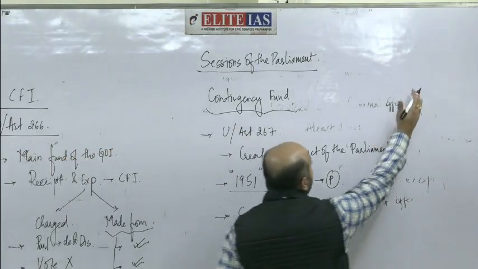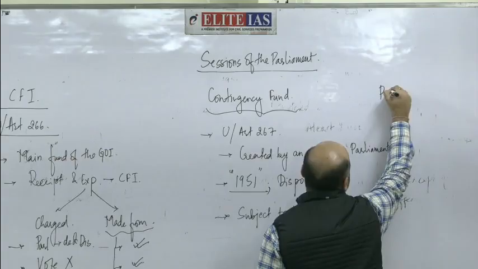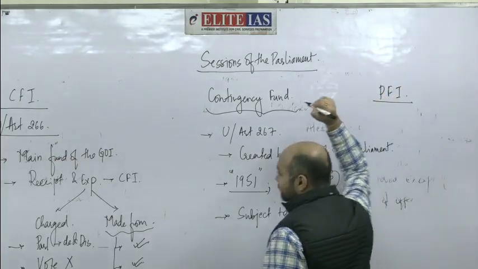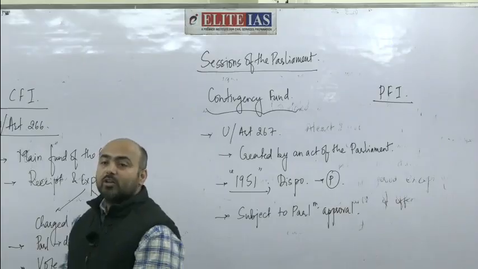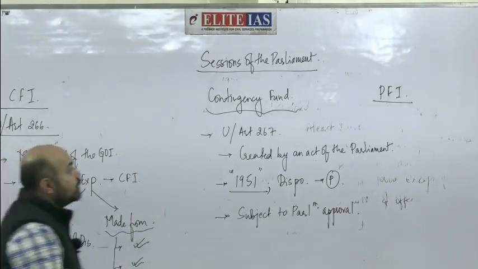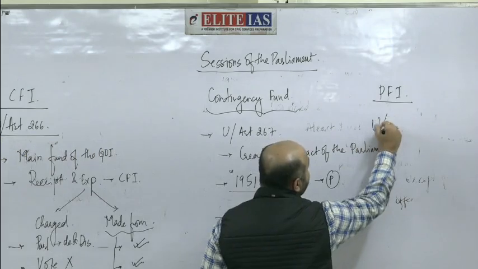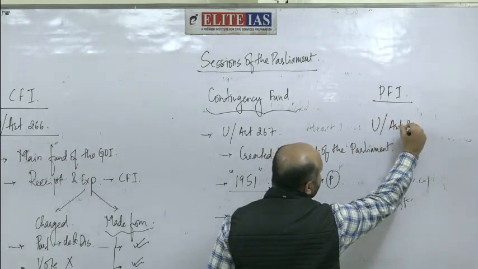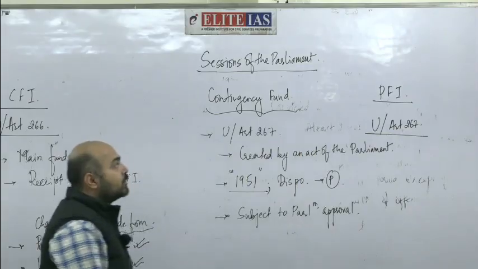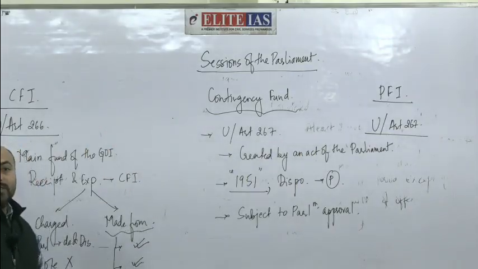Then there is something called a public fund, or called Public Accounts of India. This is also mentioned under Article 267.